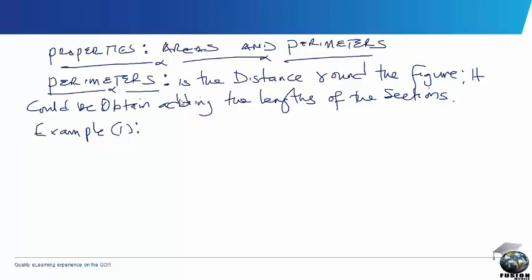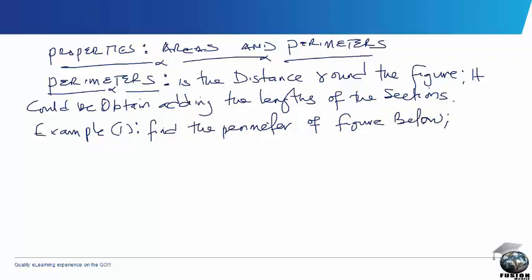Assuming you are told to find the perimeter of the figure below, and maybe you're given a plane figure of this shape, with sides A centimeters, B centimeters, C centimeters, D centimeters, and E centimeters.